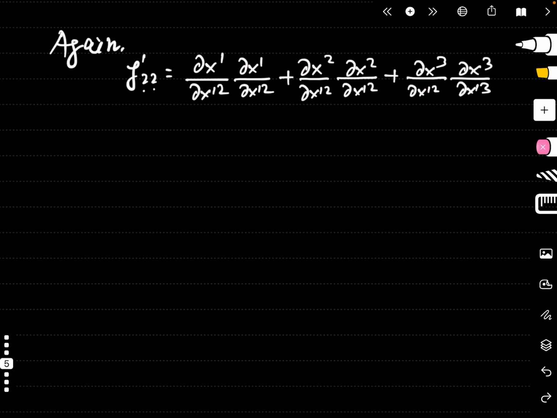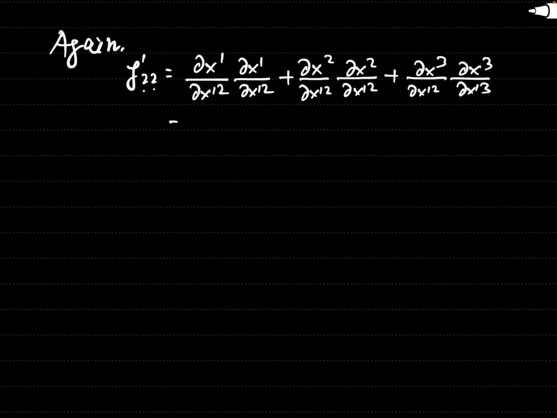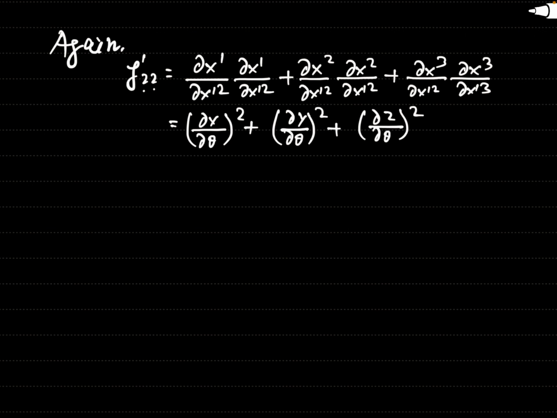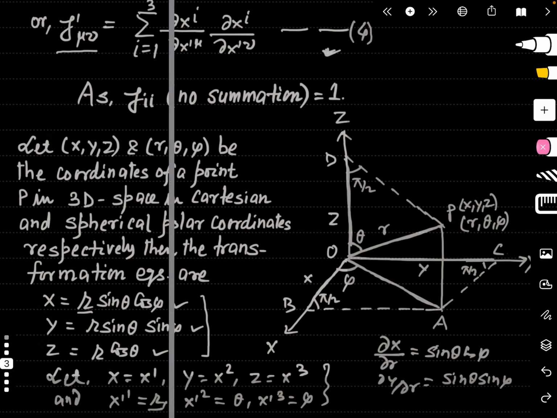So you can write this as del x by del theta squared plus del y by del theta squared plus del z by del theta squared. Now again we will find the values of these partial derivatives on the basis of the transformation equation which we have seen earlier.